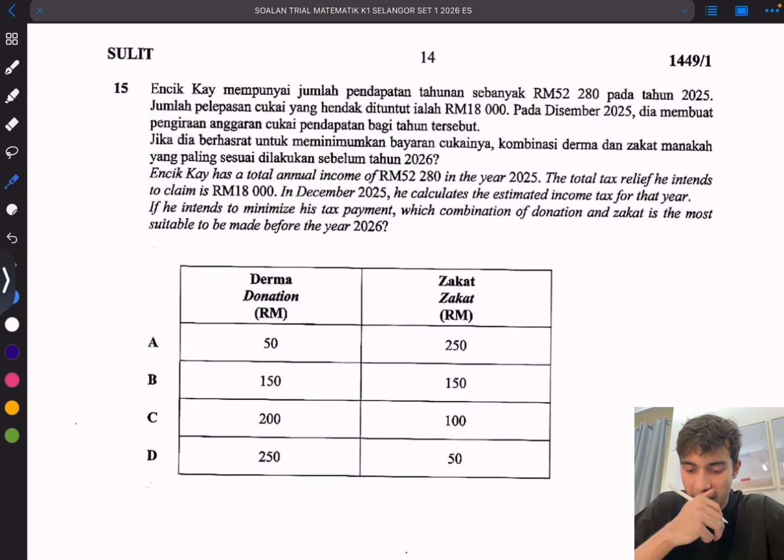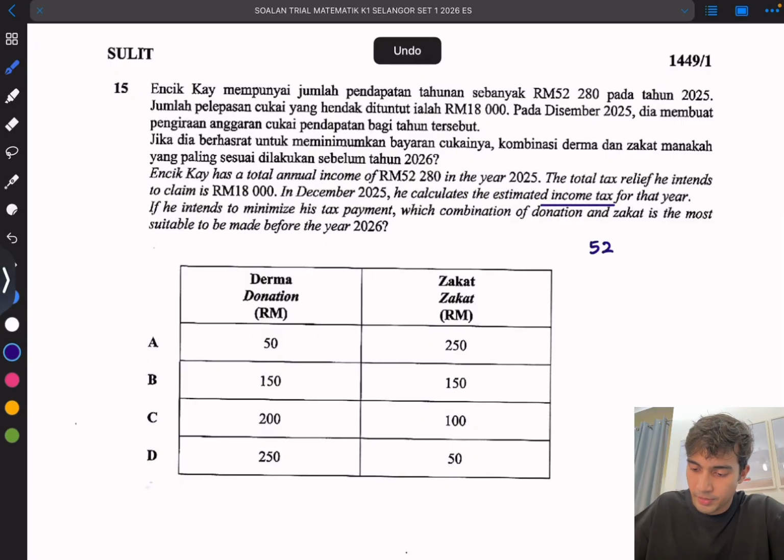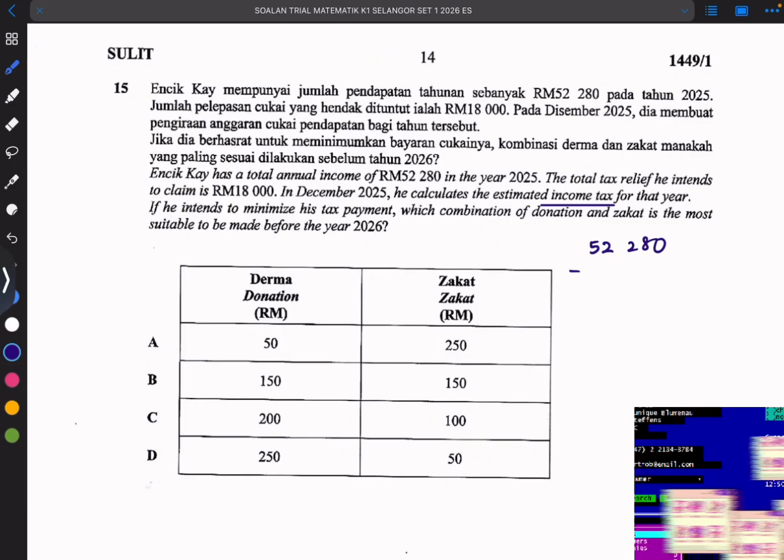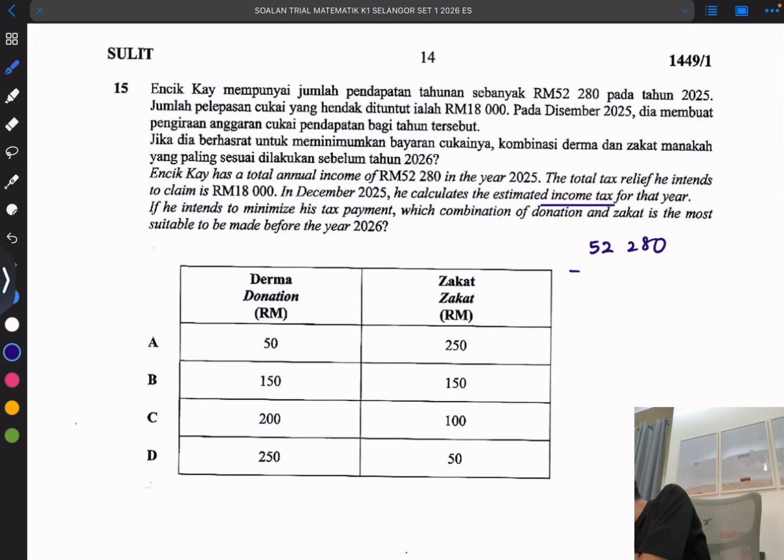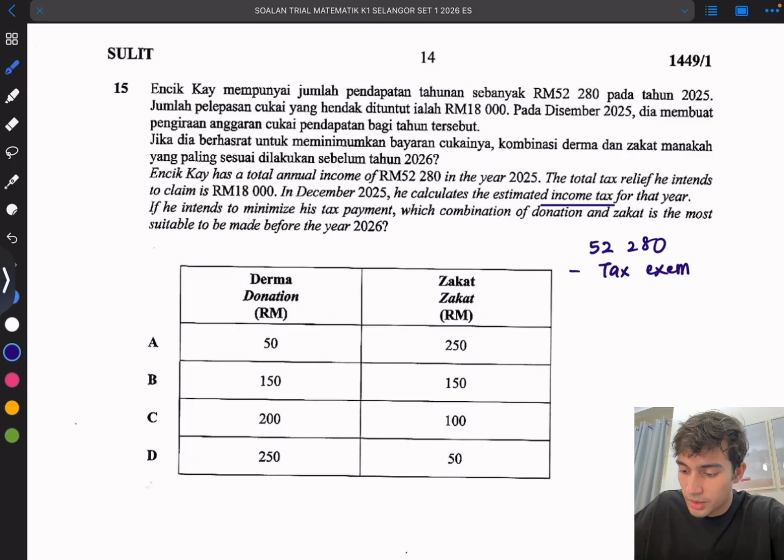Okay. Basically, when you want to calculate your income tax, you take your annual income, 280, you minus your tax exemption, you minus your tax relief, and then we will get our chargeable income.